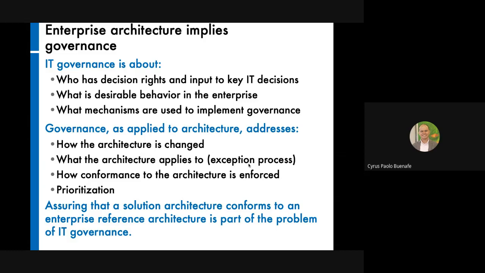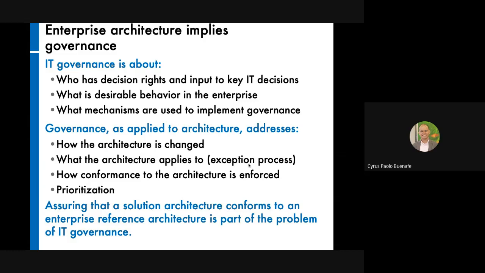But IT governance provides the reality of that enterprise architecture. It gives it life in a way. That's normal course of business if you think about it. Governance addresses how the architecture is changed, what the architecture applies to.